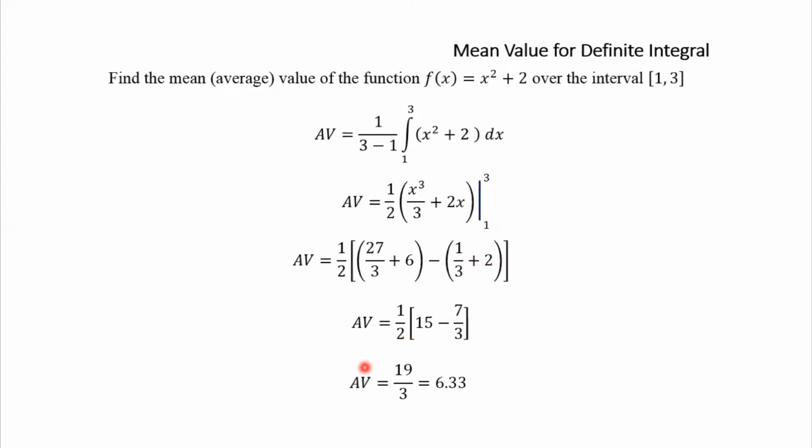So we come up with this answer, which is the average value of the given function over the interval 1 and 3, equal to 19 over 3, which is also equal to 6.33. So that is our mean value of the given function over the interval 1 and 3. The technique is just to follow the formula.